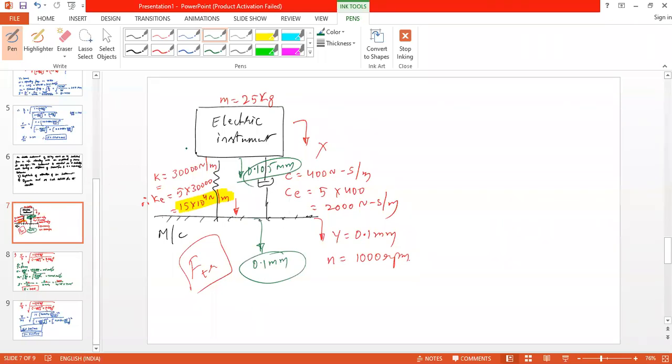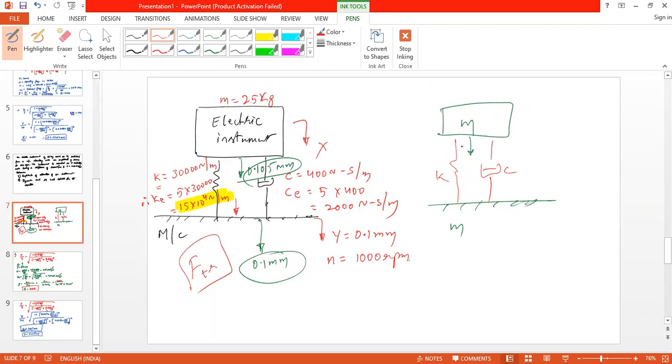Now we need to know what is the amount of force which is being transferred to each isolator. Whatever forces are generated by the mass will go to the machine through the isolator. Each isolator contains a spring and a damper. So we need to know the amount of load being applied on each isolator.